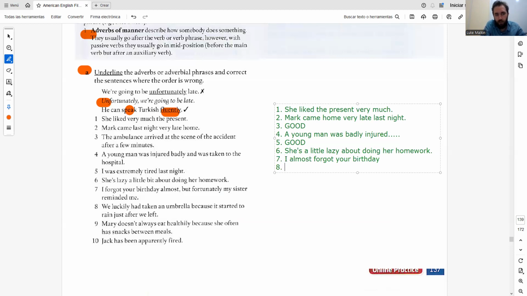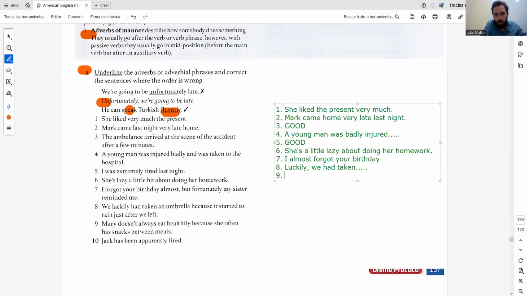Number 8, we luckily had taken an umbrella because it started to rain just after we left. Well, luckily is our adverb here, and it's a comment adverb. It's giving my opinion about the whole situation. And so let's start with that because it will give us a lot of information about the rest of the sentence. So, luckily, we had taken an umbrella.